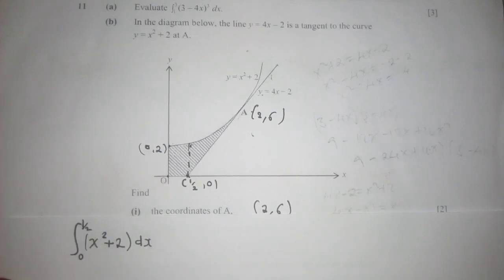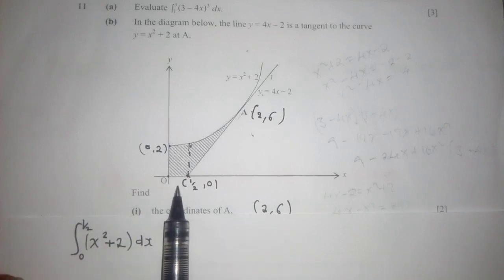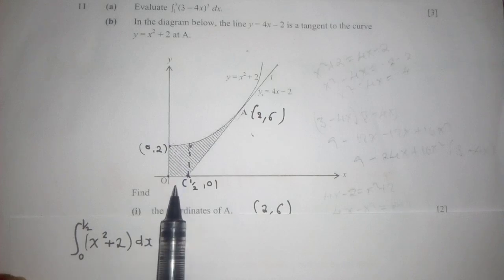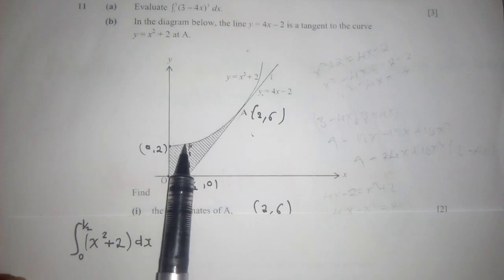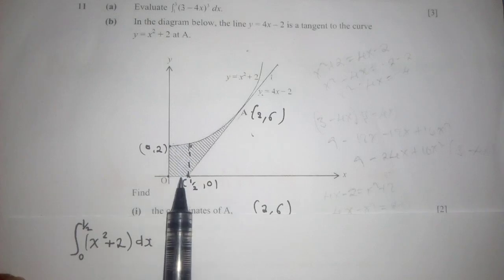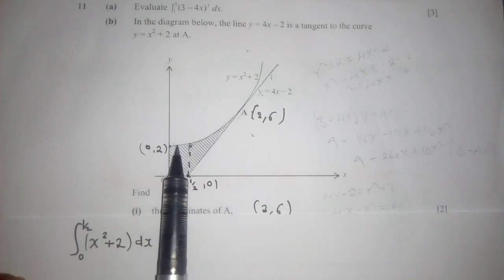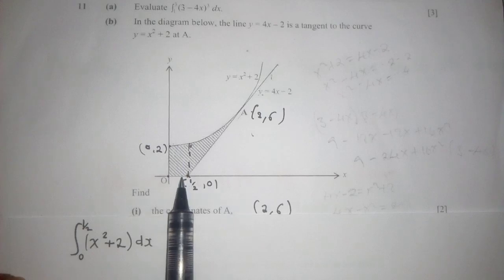So how did I pick this? You may be wondering. You start moving like this along the y-axis. You are first meeting y is equal to 0. Next, you meet y is equal to x squared plus 2. So get this minus this. So x squared plus 2 minus 0.